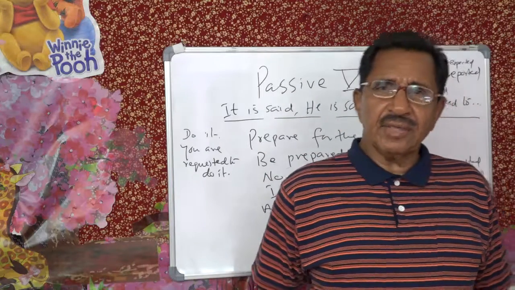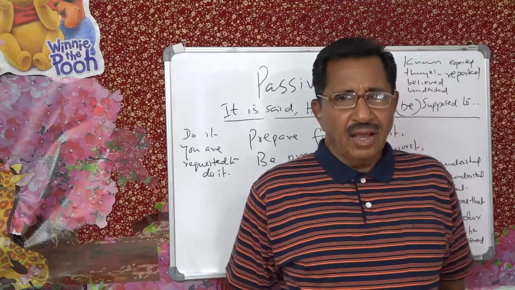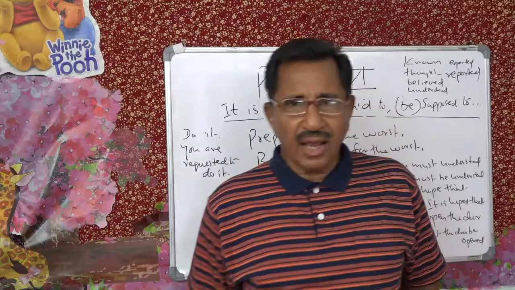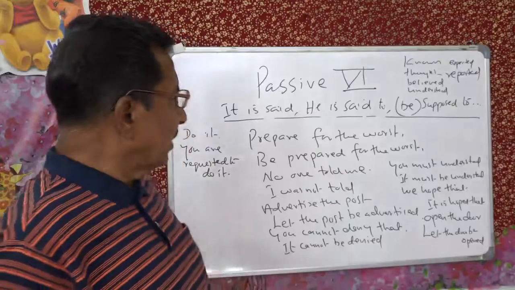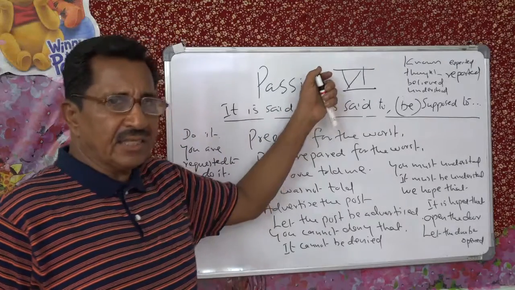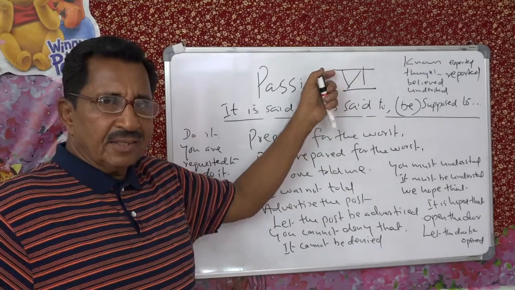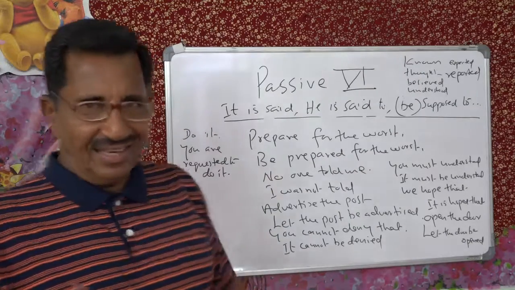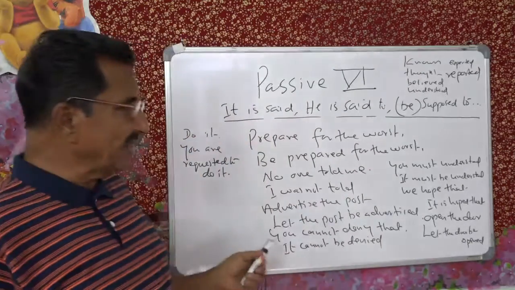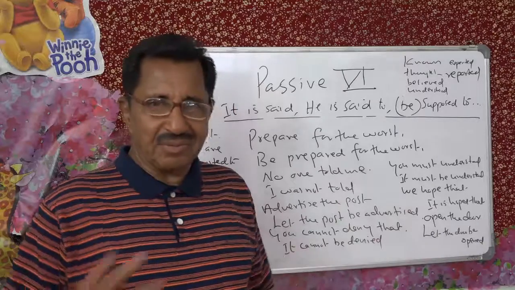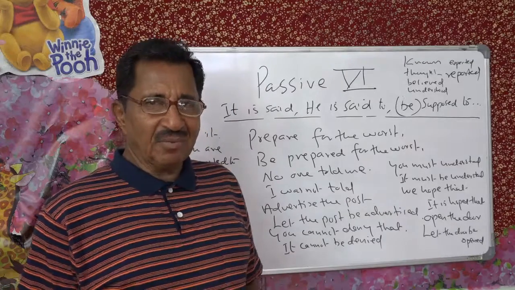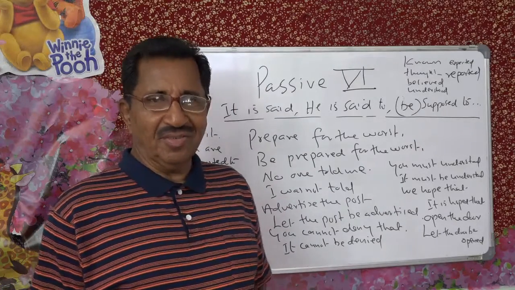I think that with this we can come to the end of our passive discussion. Again, I have put it in between. 5 and 6 is something like a break, so that in between you can play with many types of passives, like you play with words.